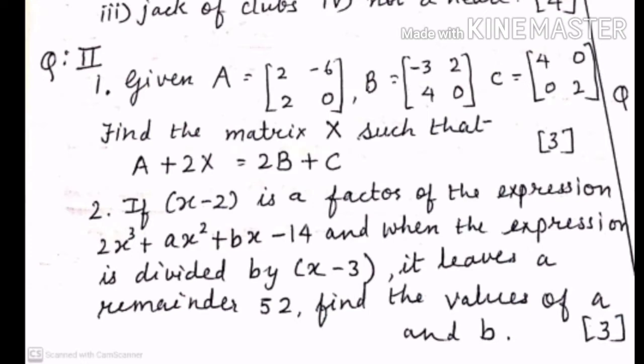And when the expression is divided by x minus 3 it leaves a remainder 52, meaning by substituting x equal to 3 in this expression you will write it equal to 52, as you are given the remainder as 52. By these 2 different expressions, solving them using simultaneous linear equations, you will get your a and b values, and you will get full marks if you get both the values correctly.